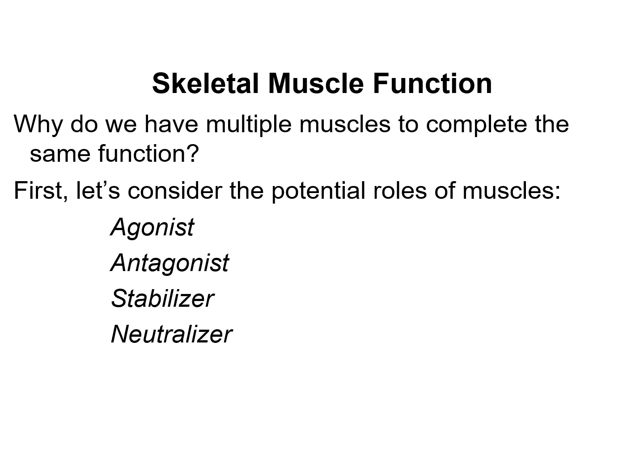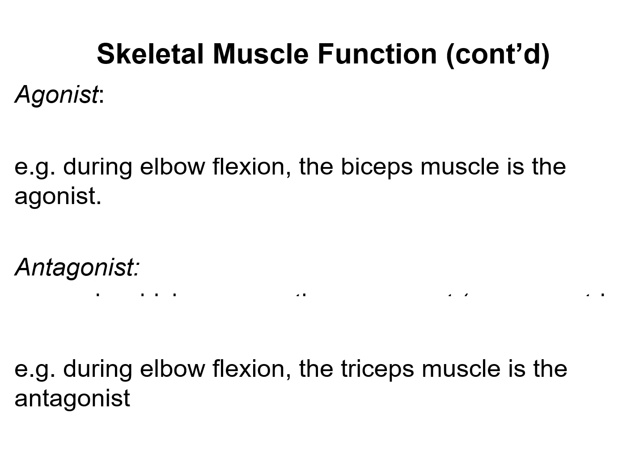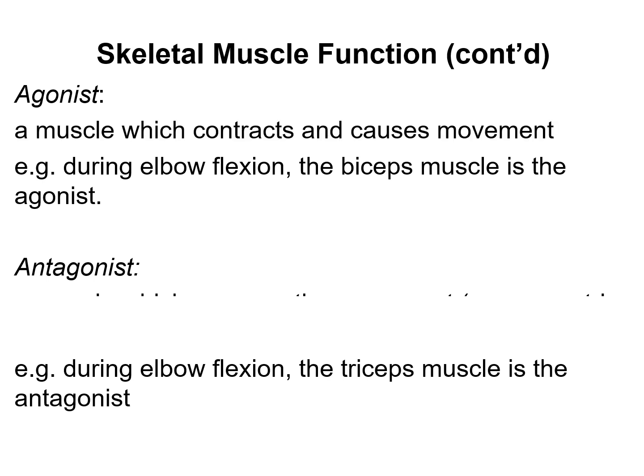So, skeletal muscle function. Why do we have multiple muscles to complete the same function? Because there are multiple roles a muscle can play. We have an agonist, an antagonist, stabilizers, and neutralizers. An agonist is a muscle which contracts and causes the desired movement.